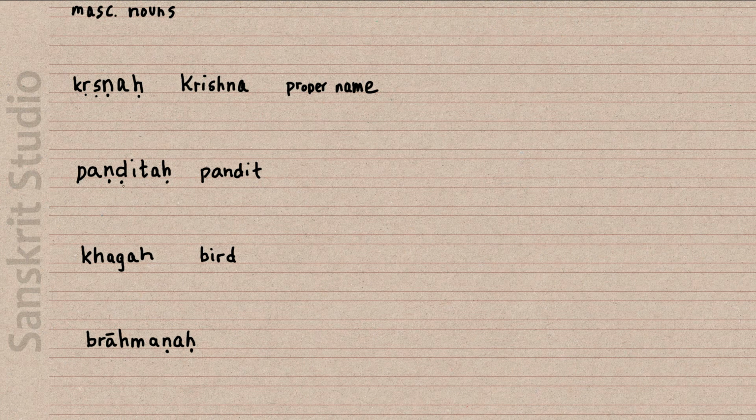And then we have the retroflex D in paṇḍitaḥ, and then we have the combination here with the H and the M down here in brāhmaṇaḥ. And then of course the translation for this.